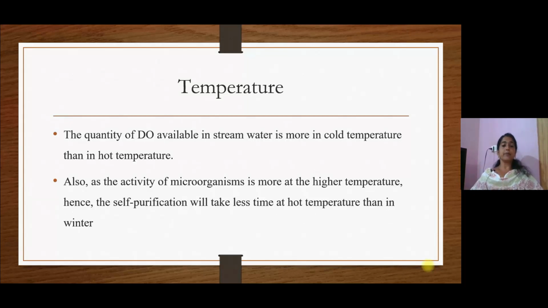Then the temperature. The quantity of dissolved oxygen available in stream water is more in cold temperature than in hot temperature. And also the activity of microorganisms is more in high temperature, and hence self-purification will take place in less time at hot temperature than in the winter.